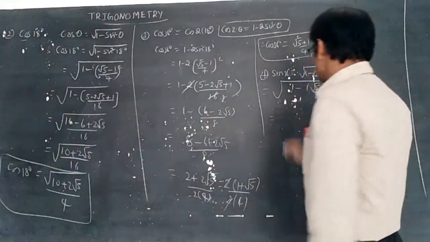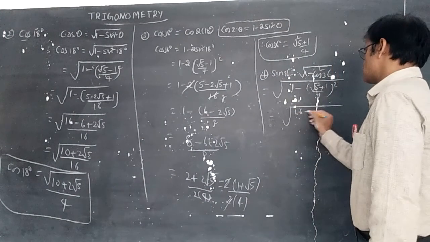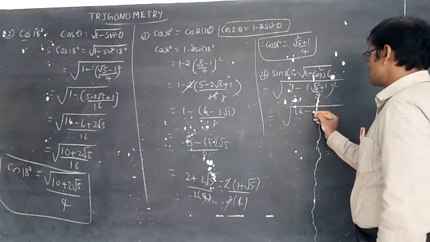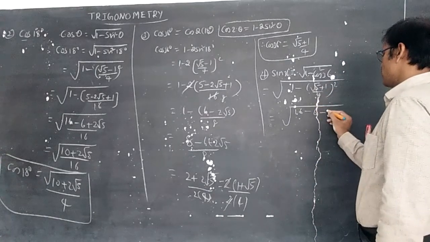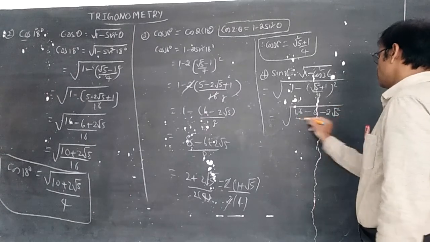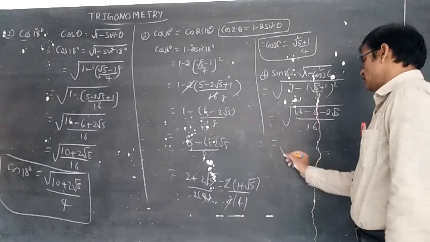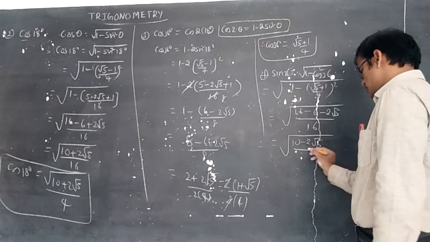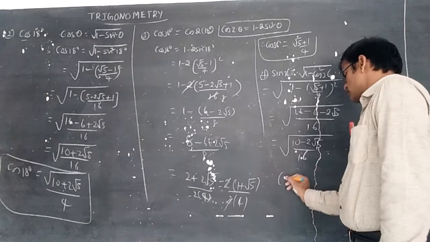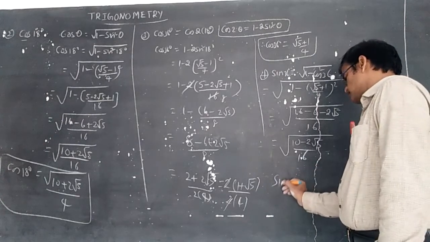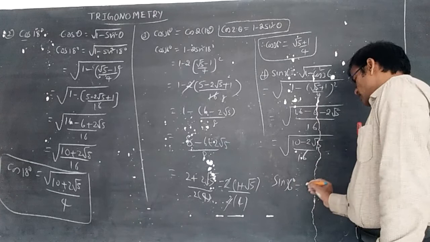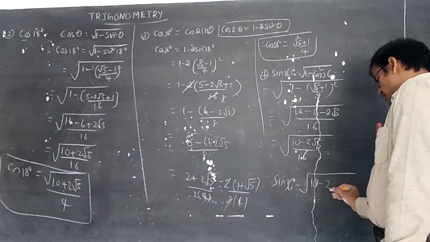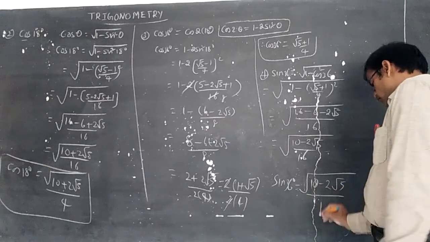So root of, directly you can write, 16 minus; here minus and plus become opposite. So 5 plus 1 is 6, minus 2 root 5, whole by 16, directly 10. So root of (10 minus 2 root 5) whole by 16. Therefore sin 36 is equal to root of (10 minus 2 root 5) whole by 4.